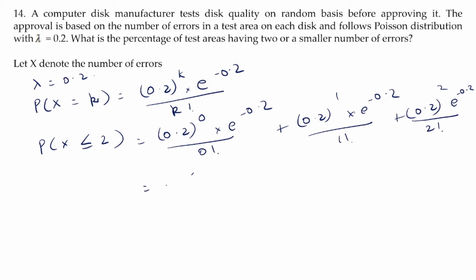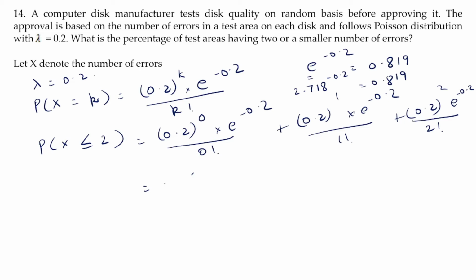Now e raised to minus 0.2 is common, and e raised to minus 0.2 is equal to 0.819. This e is nothing but the Euler's constant, so it is 2.718 the whole raised to minus 0.2. This is equal to 0.819.